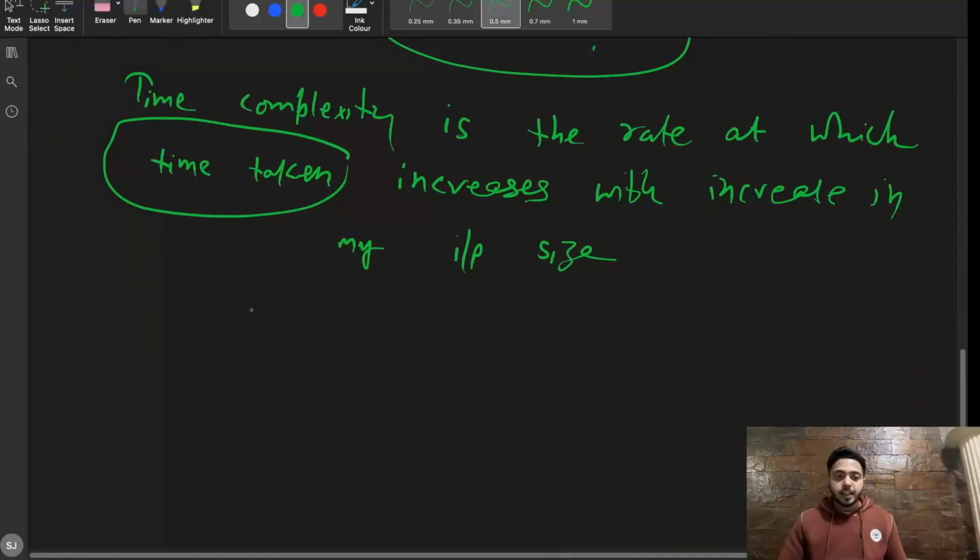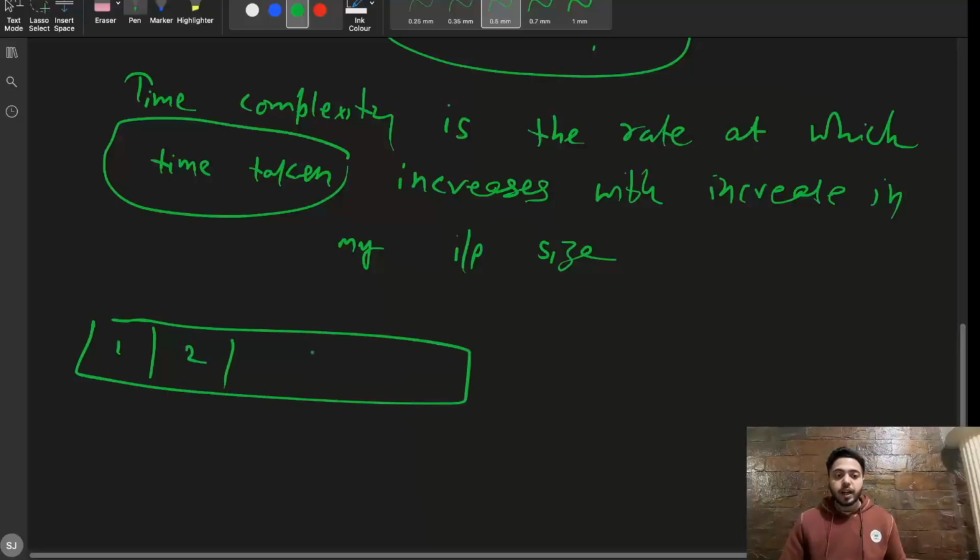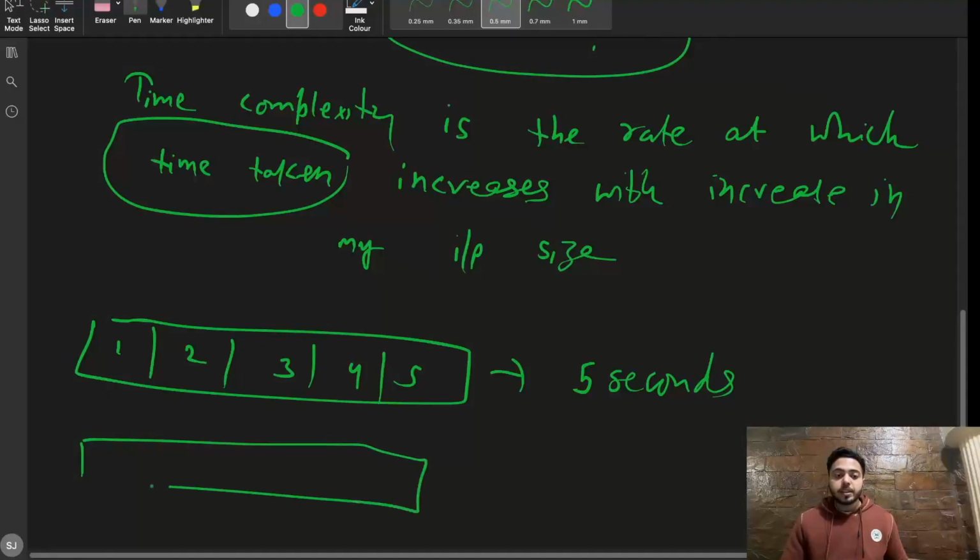Okay, let's take this with the help of an example. Suppose I have an array with 5 elements, and I want to print these 5 elements. I will loop on this array and print all the elements one by one. Suppose to print these 5 elements it took 5 seconds. Now I increase the elements in this array. Now it has 10 elements, 1, 2 till my last element is 10.